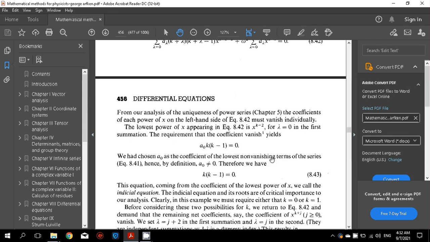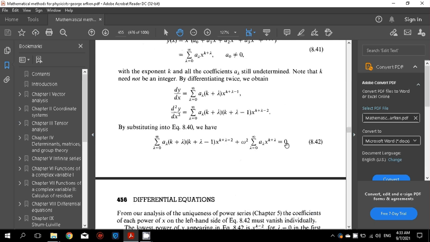The right hand side of this equation is 0.